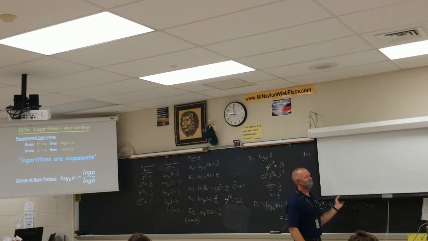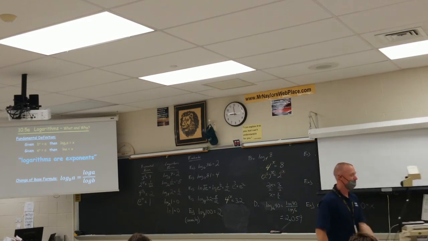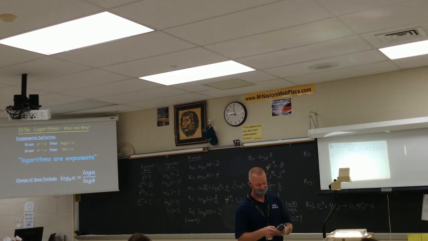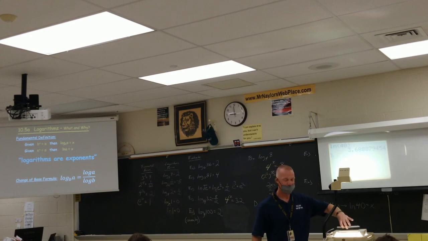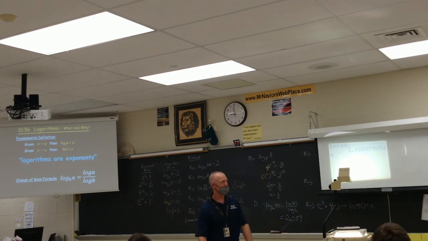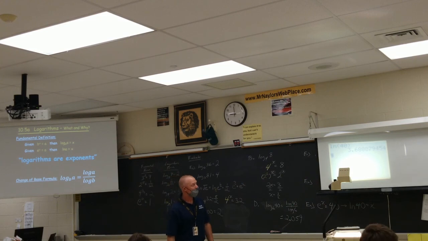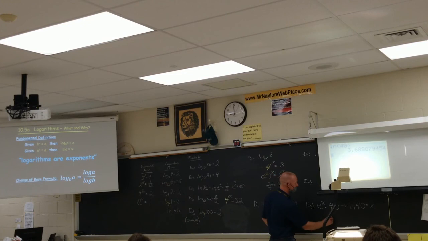Make sure that you find it. And it doesn't require any division. I can just do the ln of 40. Again, ln stands for natural log. So you get 3.689.